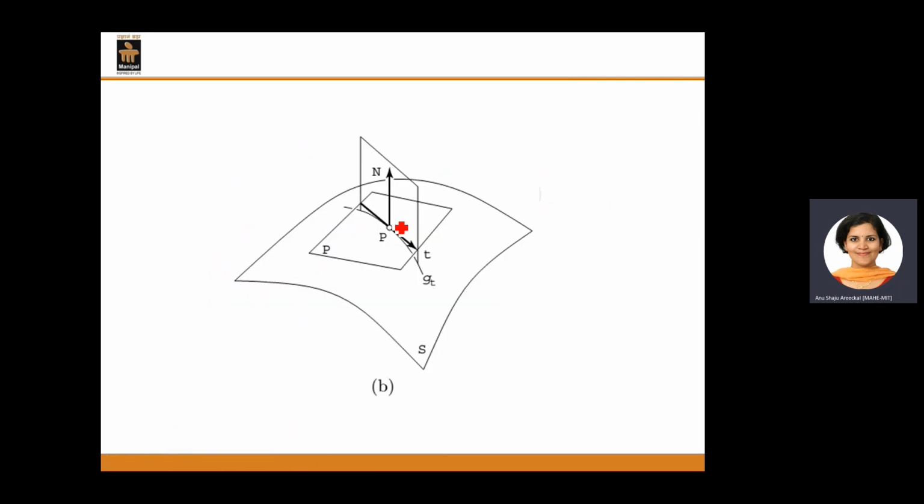As you move the position of the point P to the left or right, the tangent vectors and the normal also change, so the normal plane and the normal curvature keep changing.